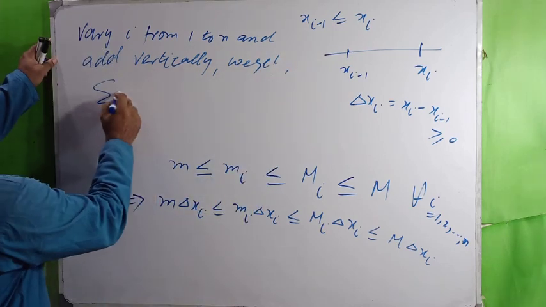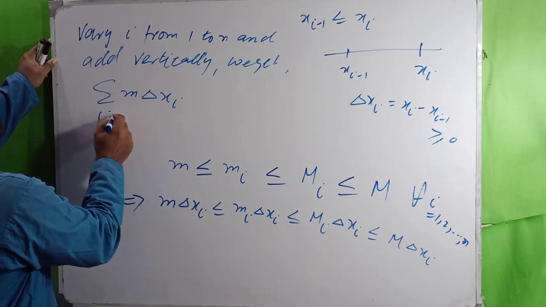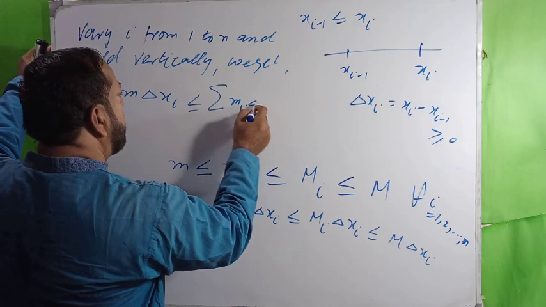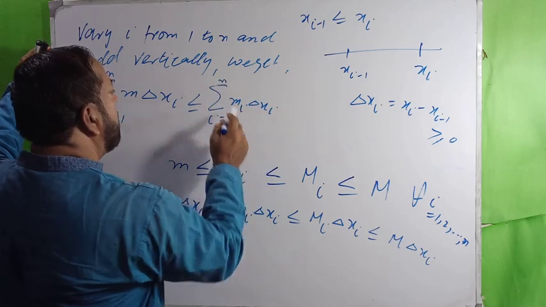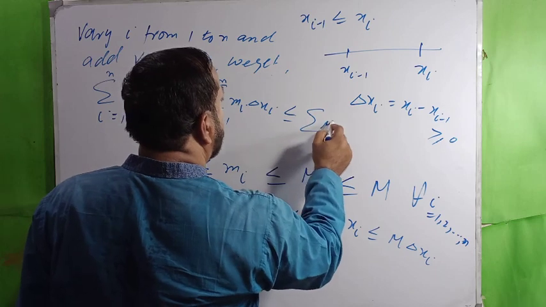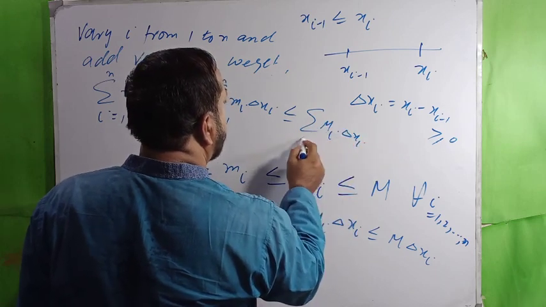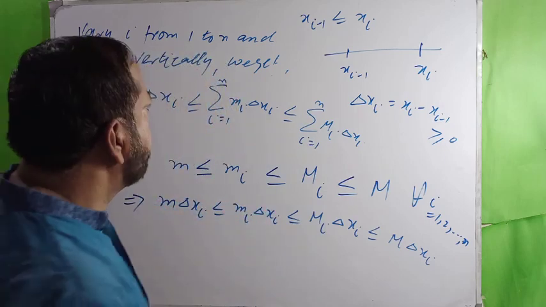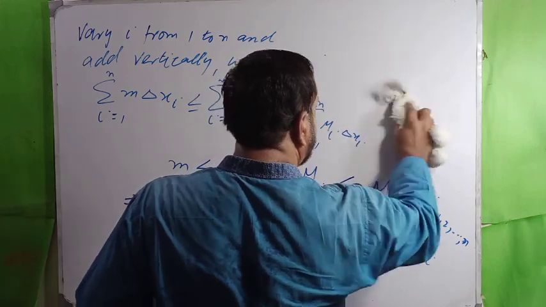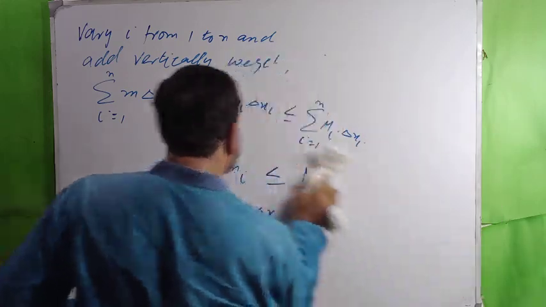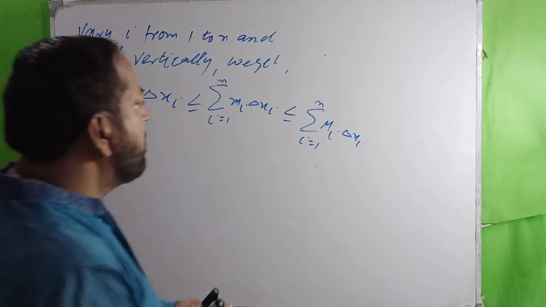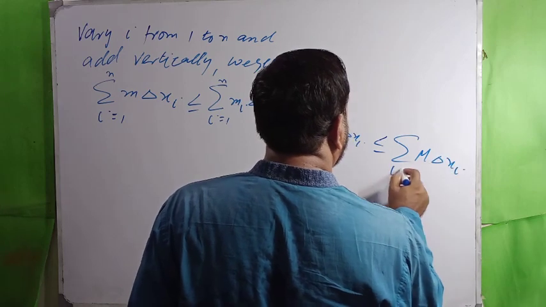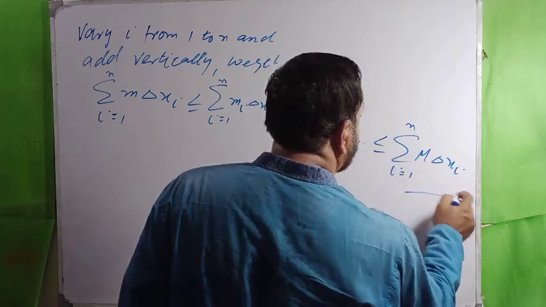This is equal to the summation of m Δxi, i from 1 to n, which is of course less or equal to the summation of mi Δxi, i from 1 to n, which is less or equal to the summation of Mi Δxi, i from 1 to n, which must be less or equal to the summation of capital M Δxi, i from 1 to n. So this is, say, number 1.